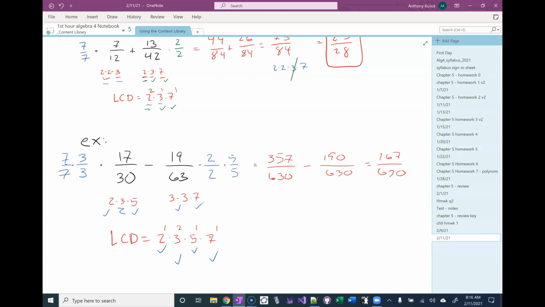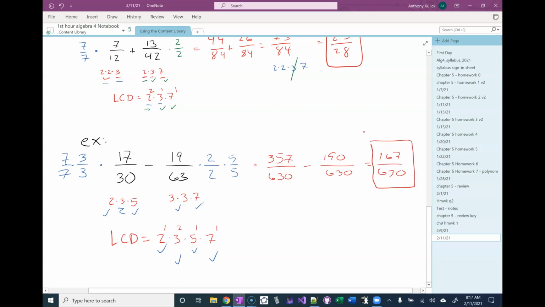I know 2 isn't going to work because 167 isn't even. I know 5 isn't going to work because 167 doesn't end in a 5 or a 0. I know 3 isn't going to work because the digits 1 plus 6 plus 7 don't add to give us a multiple of 3. So all I really need to check is to see if 7 divides it. It doesn't, so this will not reduce.